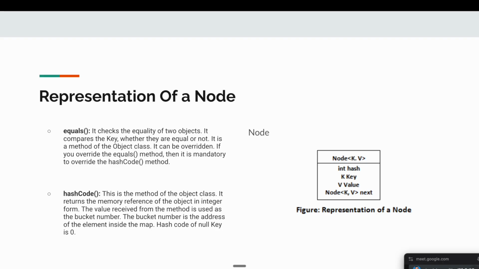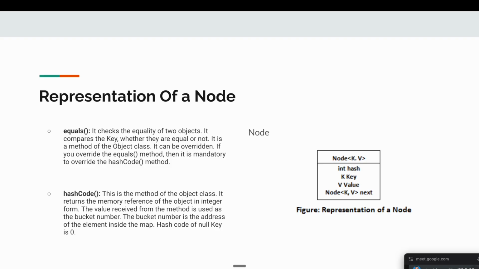These two methods are part of the Object class, and Object class is the parent class of all the classes. You have to know these two methods, because hashmap internally uses the equals and hashcode methods to compare the value and get the hashcode to find the index. So both the methods are used.